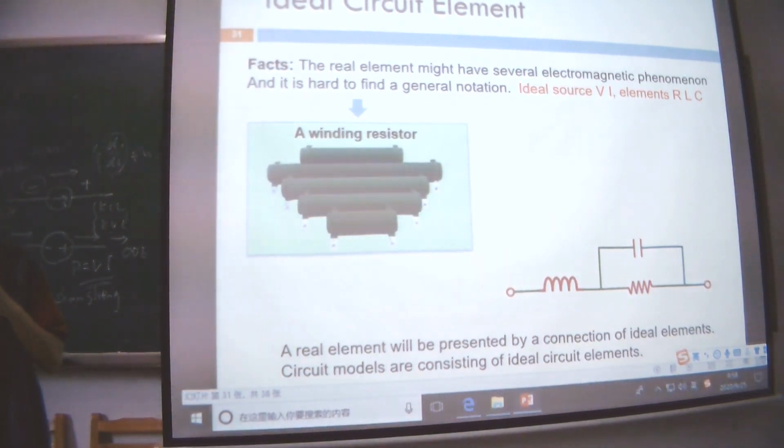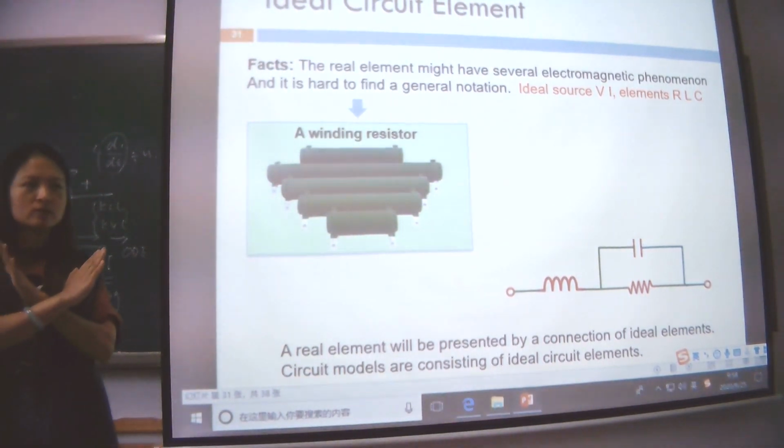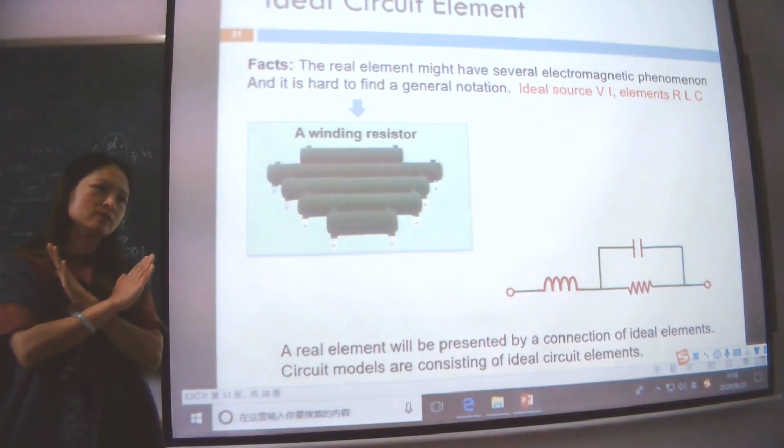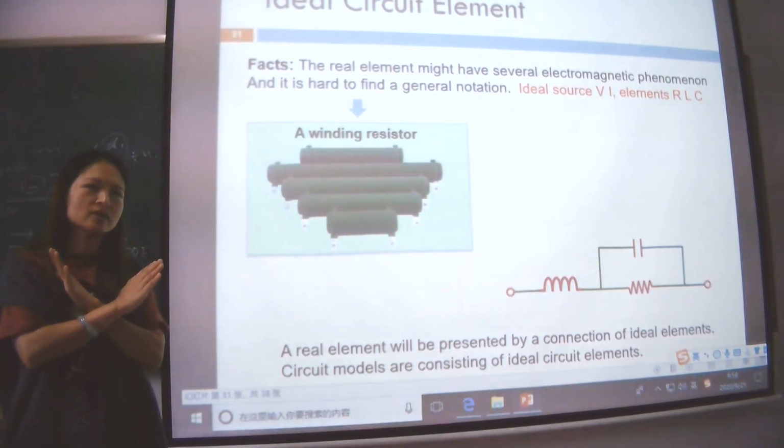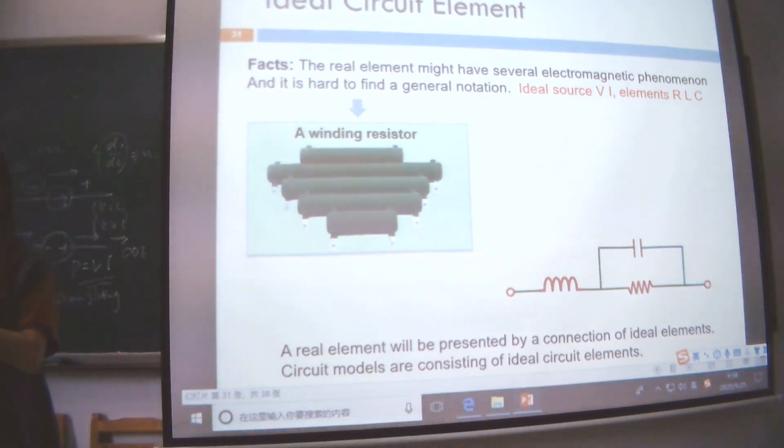Are they ideal elements? Is a battery ideal? No, it's not ideal. Ideal means no resistance. But the real battery must have resistance, right?